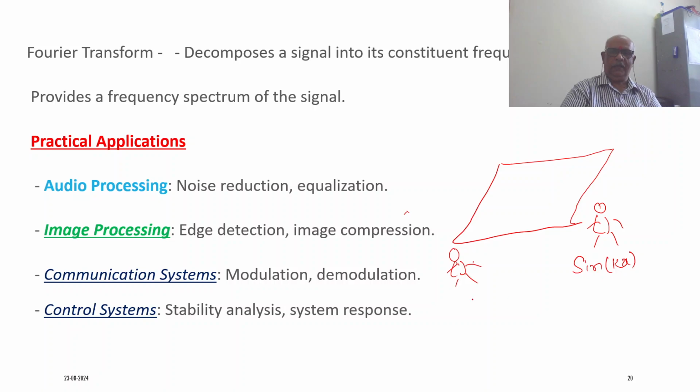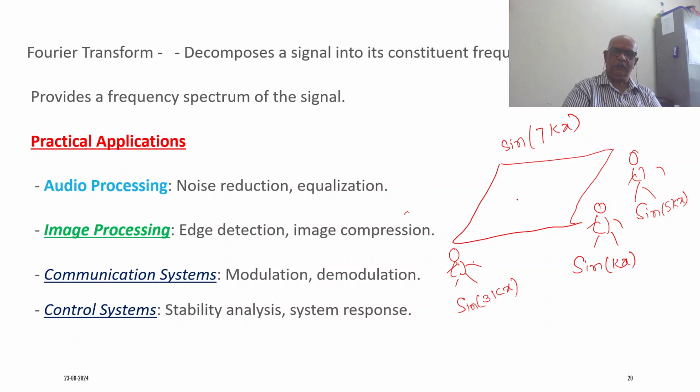The another guy is running with sine, not exactly this, let's say sine 3kx. The another guy over here, he is pulling this by sine 5kx, and this guy at this another is putting it by sine 7kx.